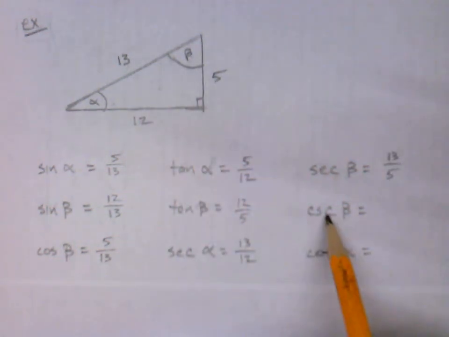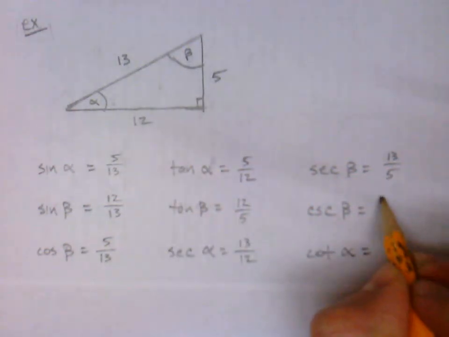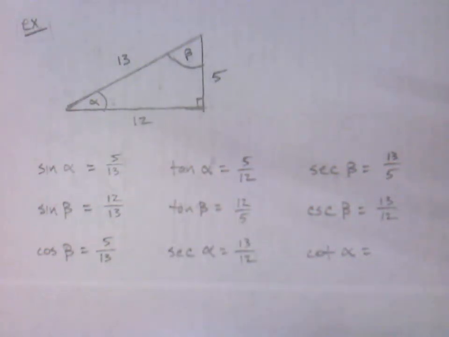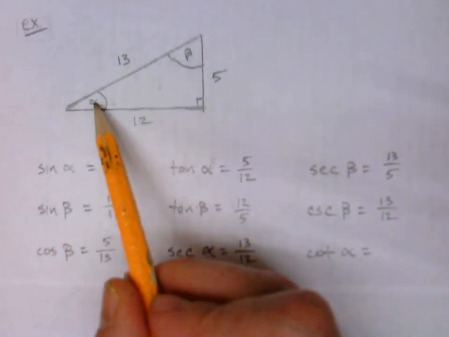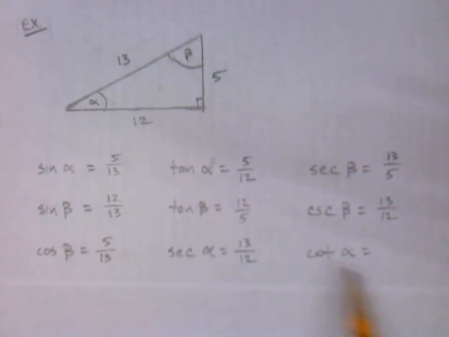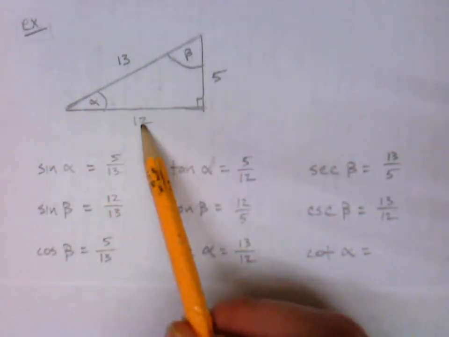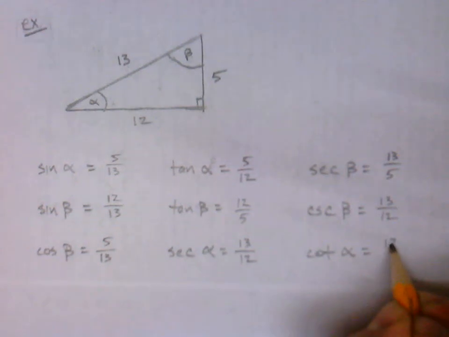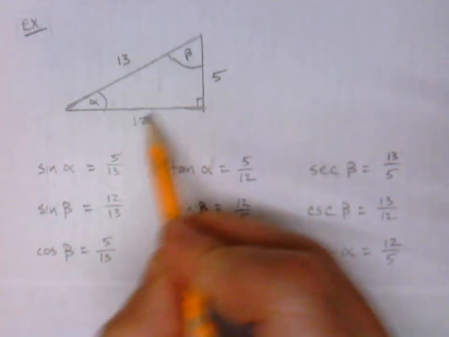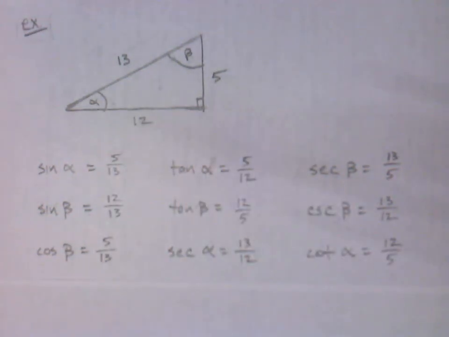So that means the reciprocal, 13 over 12. Finally, cotangent alpha. It's the reciprocal of tangent. Tangent would be opposite over adjacent. It's going to be the other way around for cotangent. In this case, 12 over 5 is your cotangent alpha.